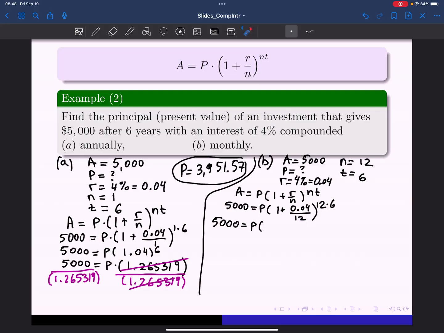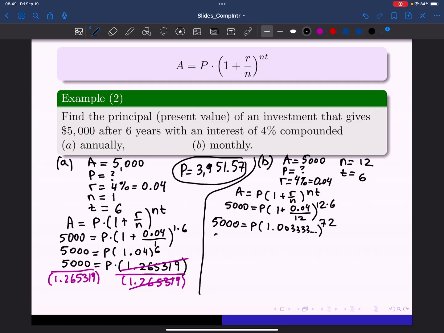So we will have it plus 1 would be 1.003333 to the power 6 times 12, which is 72. So first perform this power. Usually keep several decimals, maybe 6 decimals, until the final answer. Then the answer is more accurate.